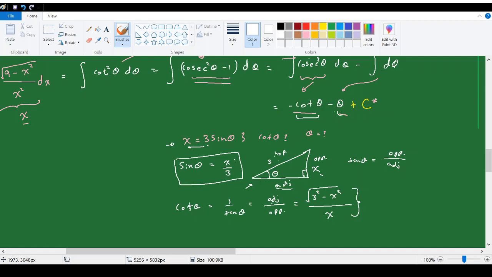And how about theta? Now theta, as we have this relationship, we can easily write theta as the sine inverse of x over 3, okay? This is the same as arc sine, okay?